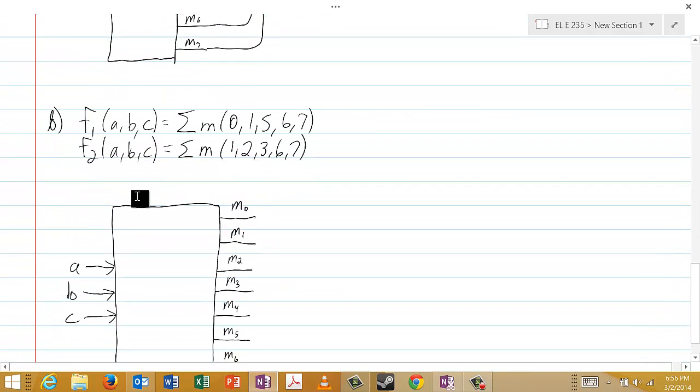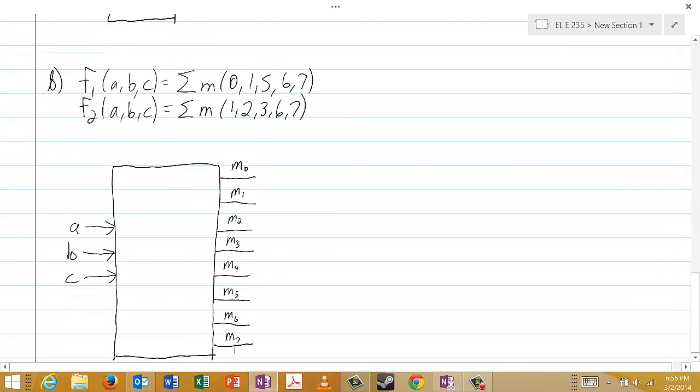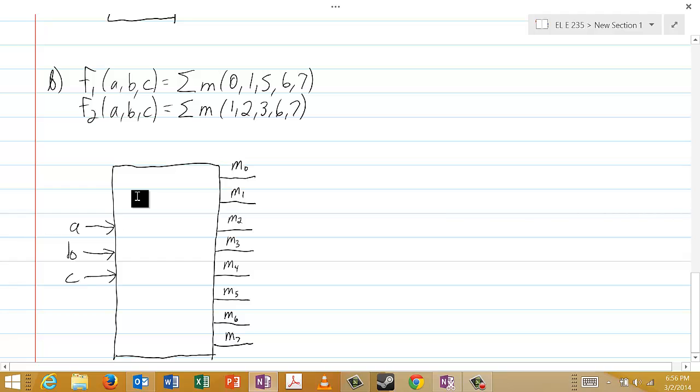So I claim that what we should do here for F1 is, rather than ORing together 0, 1, 5, 6, and 7, we should NOR together the minterms 2, 3, and 4.